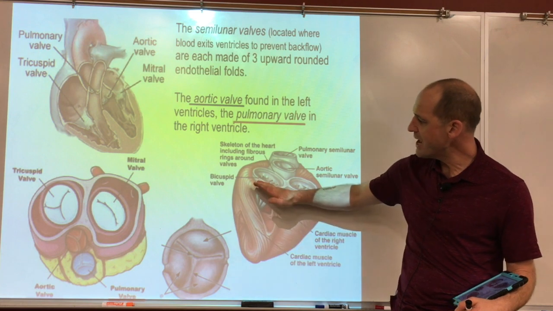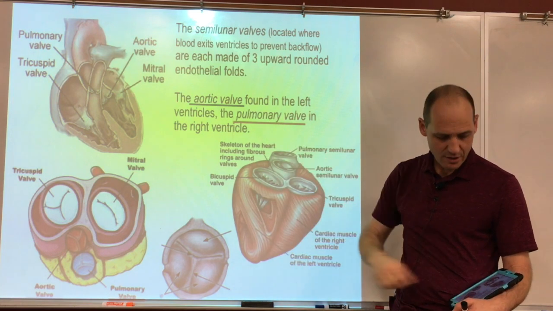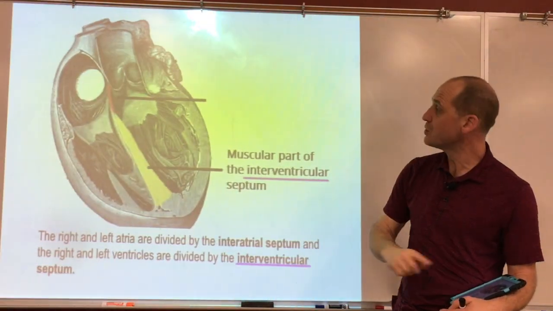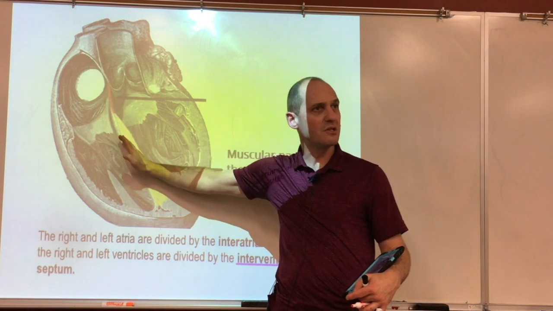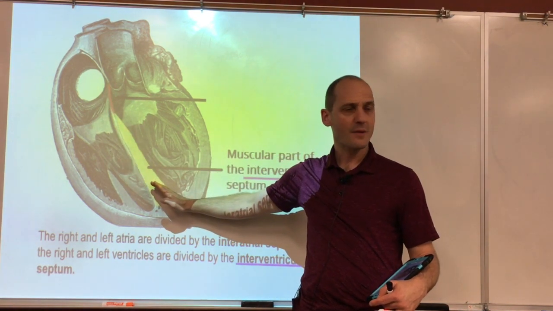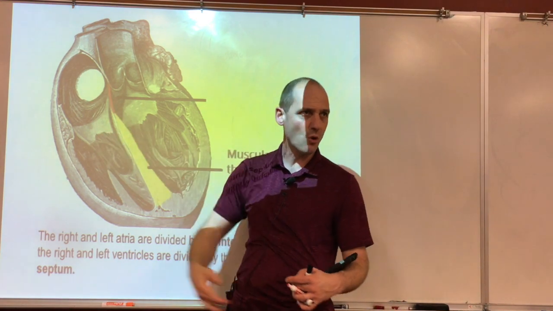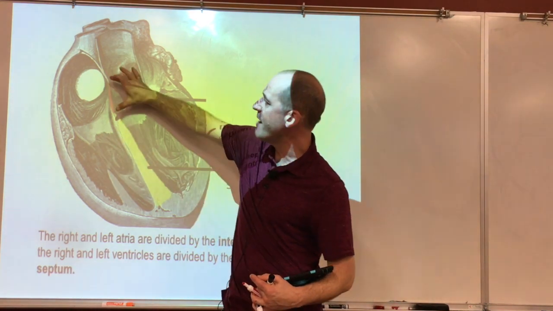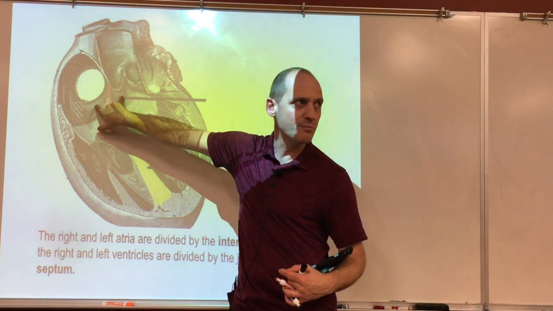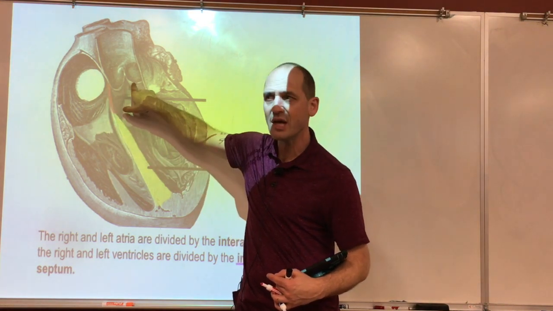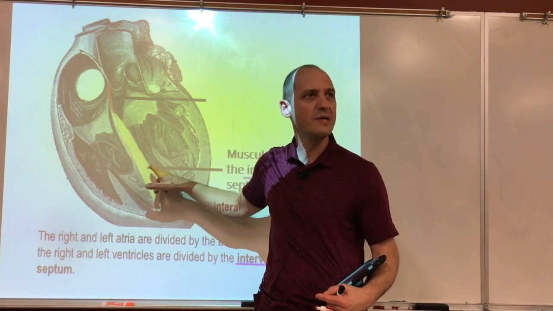And so in that plane, you have the top part of the heart and the bottom part of the heart. And then you also need a separation between the left and the right part of the heart, and that's done by a septum. They just use that term for wall. Where it's between the two atria, we call it the interatrial septum, and where it's between the ventricles, we call it the interventricular septum.